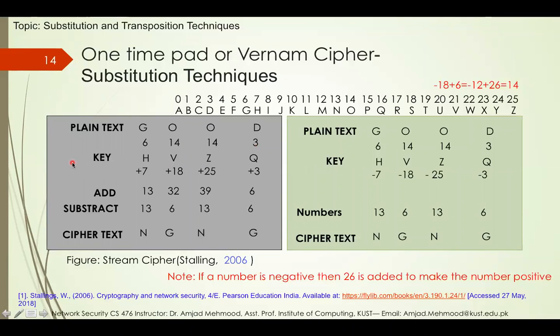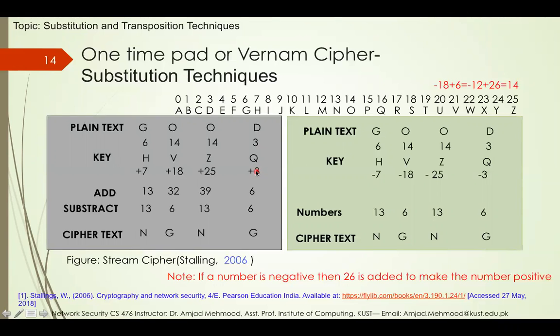Now you can see any random key, like I have selected HVZQ. You can select any, and then you get the corresponding numbers. Suppose H is at 7, V is at 18, Z is at 25, and Q is at 3.